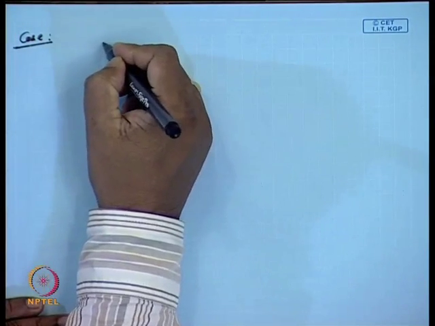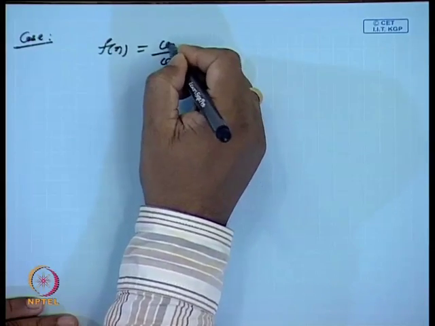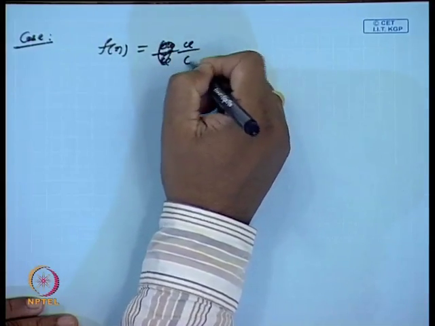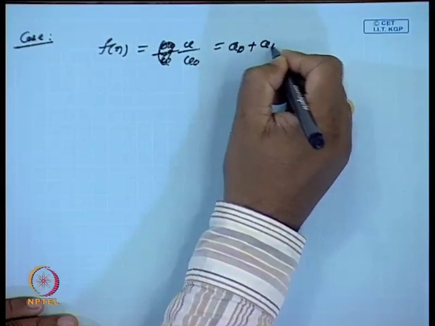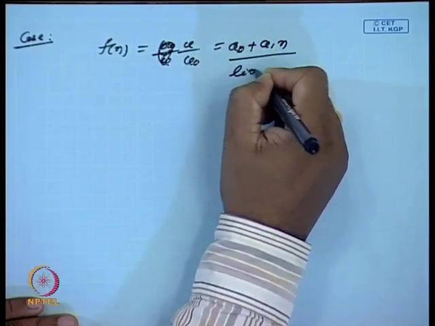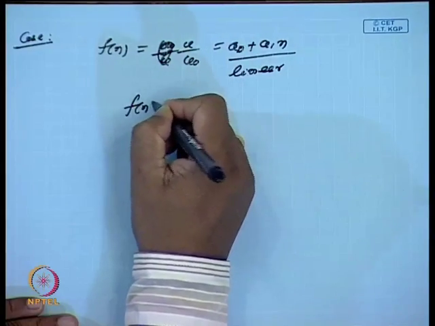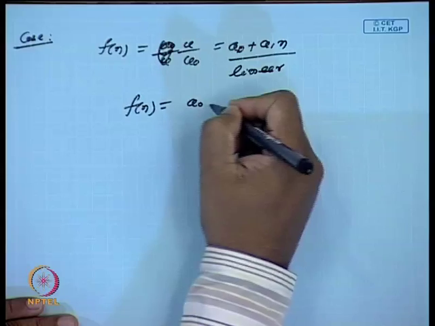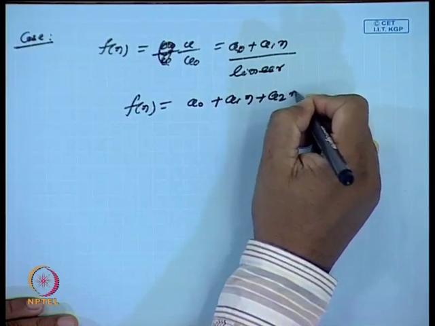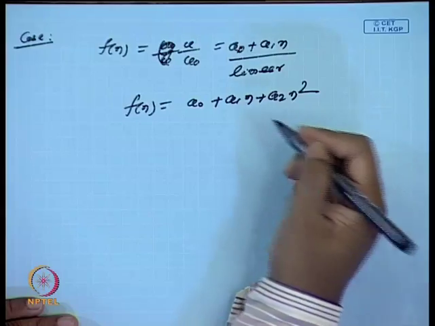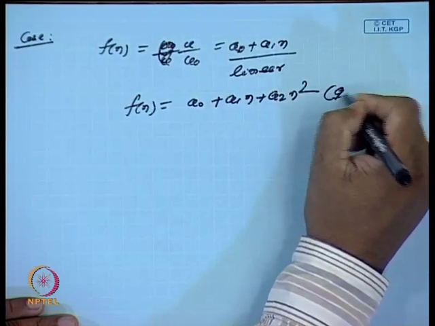Like instead of considering f of eta as u by u naught, and that we have taken a 0 plus a 1 eta, that is a linear approximation, we can also think of an approximation like f of eta as a 0 plus a 1 eta plus a 2 eta square, which is a quadratic approximation.